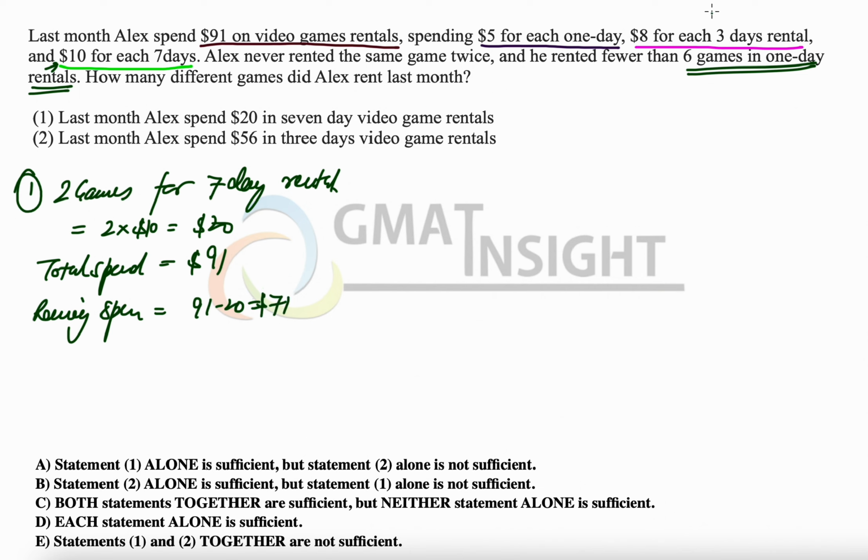Now understand that the $71 is made up of either 1 day rental or the 3 days rental. Now for 1 day rental, for 1 game, it is $5. That means if I were to just simply draw a grid, it could be $5 for 1 game or $10 for 2 games or $15 or 20, 25, 30, 35, 40, etc. But the thing is, since we know that he rented fewer than 6 games, fewer means less than 6 games.